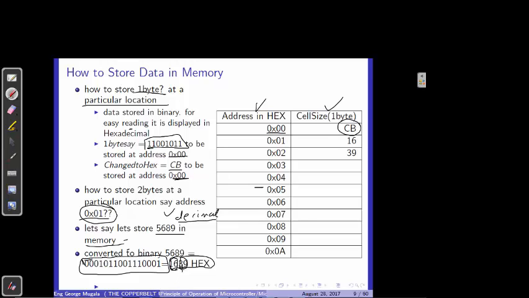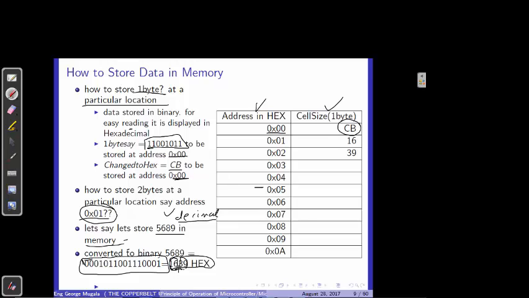How do I know which is the lower byte and which is the upper? The number to the right belongs to the lower byte, and the number to the left refers to the upper byte.